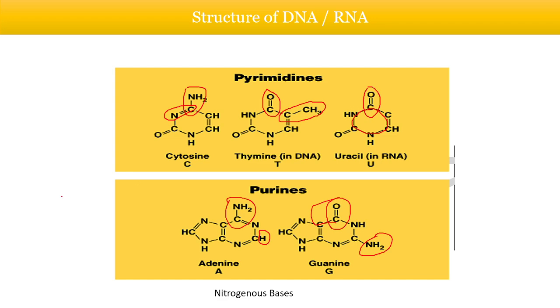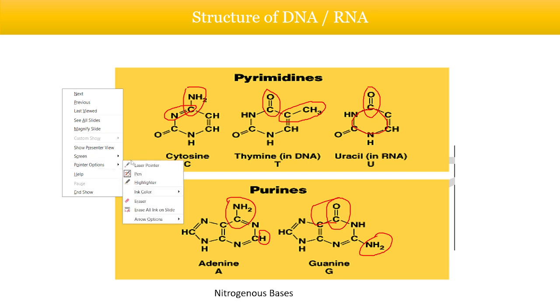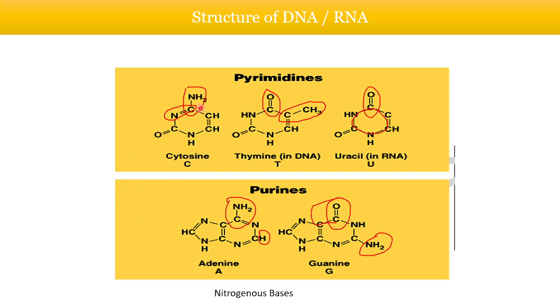So what you need to remember is definitely the structures. Like for a cytosine, what's the structure? Then for a thymine or a uracil. Then also you need to remember that adenine and guanine are under purines, and cytosine, thymine, and uracil are pyrimidines.